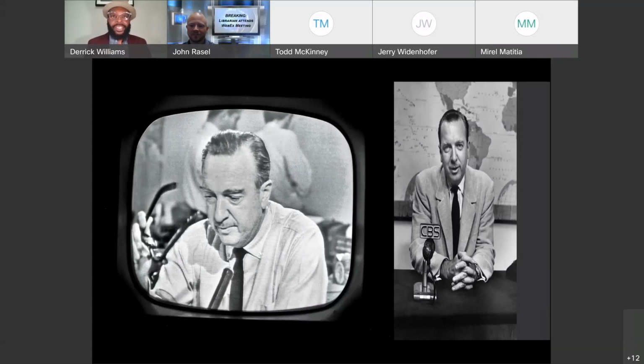Walter Cronkite, for 20 years, from 1961 to about 1982, was one of the most trusted individuals when we talk about news sources and disseminating information. Now, we can be critical of this model, this one singular form of communication being spiraled down to everyone else.